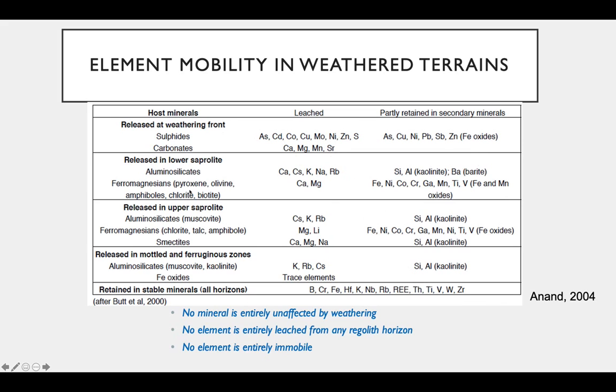So in the lower saprolite, we might be enriched in aluminium, and in the mottled zone, up here, we're getting silica and aluminium, so we're in this stable bauxite area. Further down, we get into nickel, cobalt, etc., titanium, vanadium. So they're the regions that you'd be looking for nickel laterite deposits.